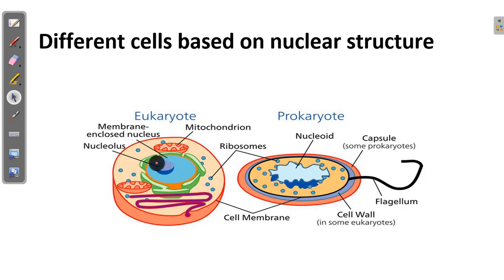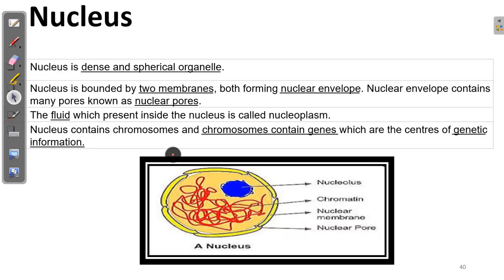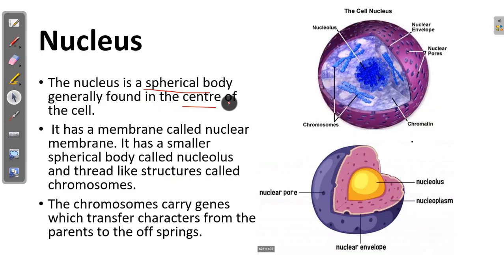Now in this session we are going to discuss what is present in the nucleus and why it is said to be the brain of the cell. So first, what is present in the nucleus? It is said that the nucleus consists of the nuclear membrane, membrane meaning boundary.